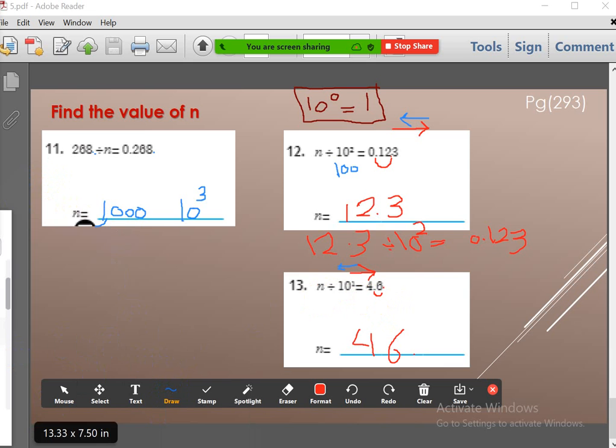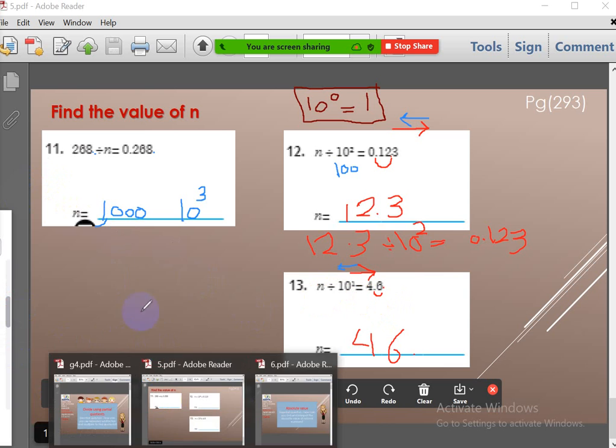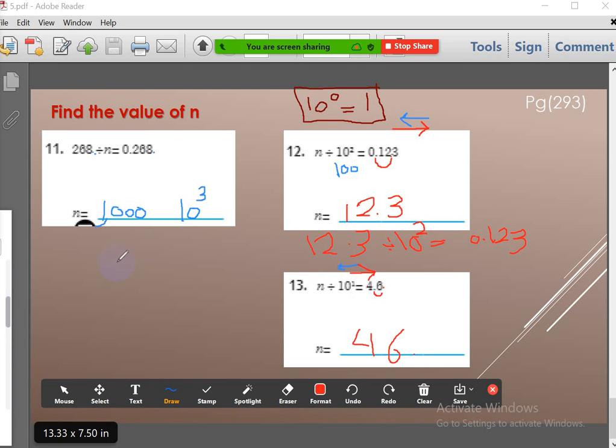When you finish, girls, please type 1 in the chat, or type 0 if you don't. Okay, just one time, girls. Don't type many times.